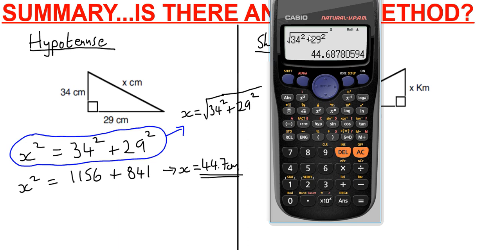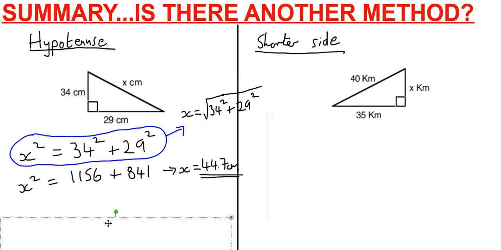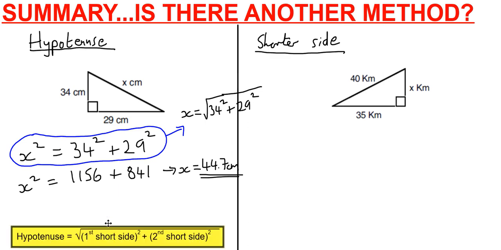So once you've got the mastery, this is what we're going to be looking at in the second video, this quicker method. And so to summarise it in one line, you can make up the hypotenuse by doing the square root of the first short side squared plus the second short side squared.